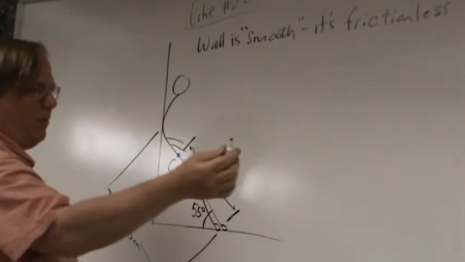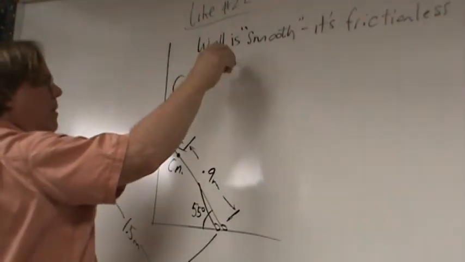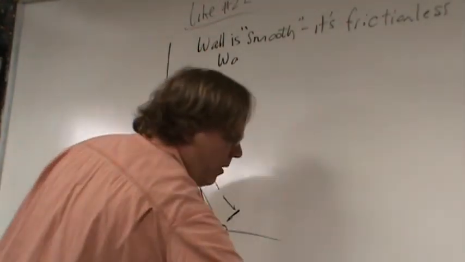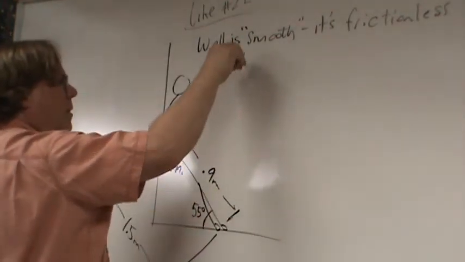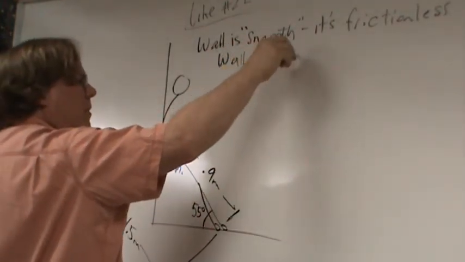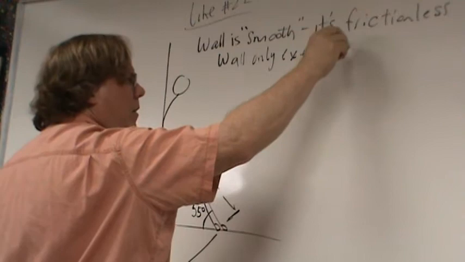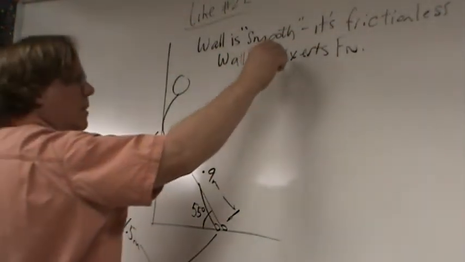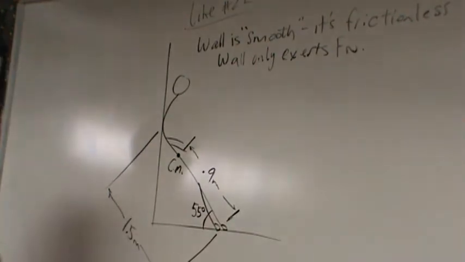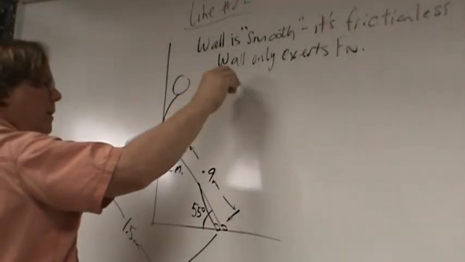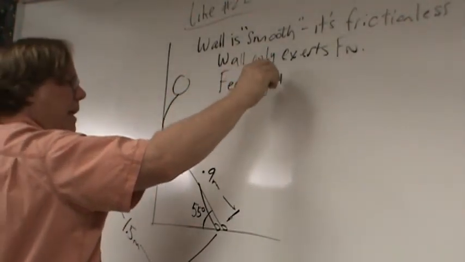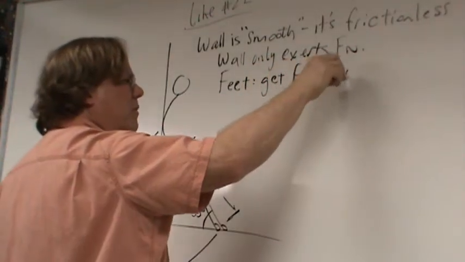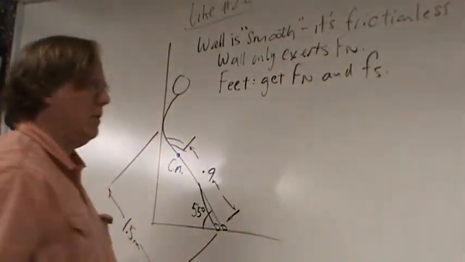Well, because it makes the problem much easier to do. So the wall only exerts normal force on the guy's back, no friction. However, the feet are a different story. Feet, they get normal force and friction force, static friction force.